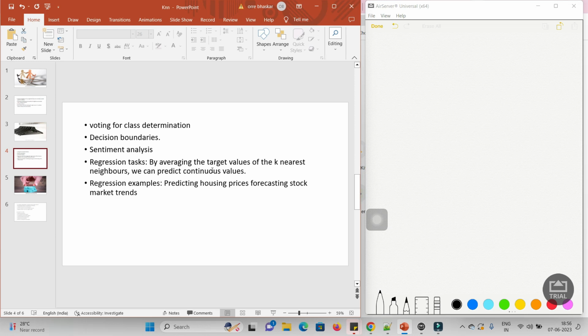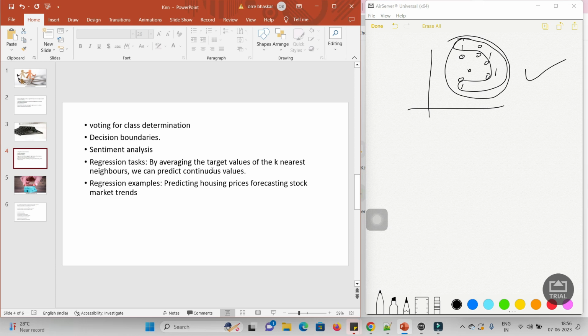If majority says good, then we'll go for the movie. So that's nothing but our KNN classification task. So that means we're having a point, we're taking five neighbors, based upon majority one or zero. One, one, one. So majority is one. So it's positive. Okay.